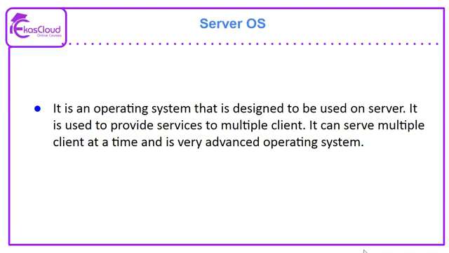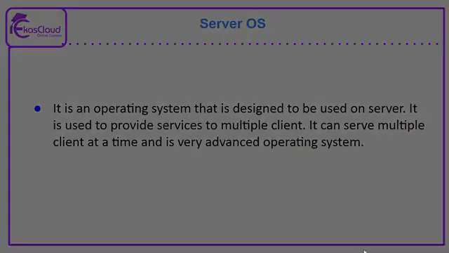It is used to provide services to multiple clients. If multiple clients want to access services, you must use a server operating system. It can serve multiple clients at a time, and it is a very advanced operating system.